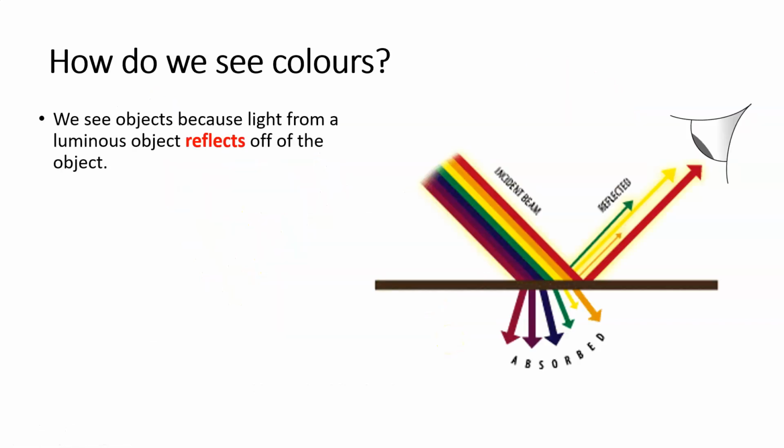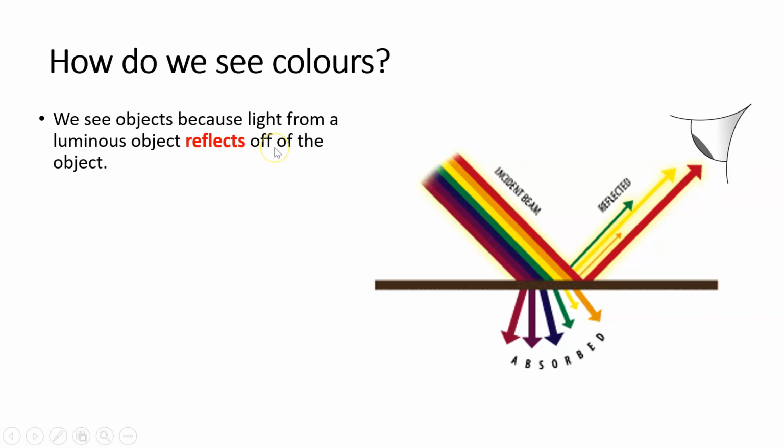All right, so if we look at this image, we can see that some objects will reflect light. So luminous objects, ones that produce light, will reflect light off certain surfaces, and some of that light energy is absorbed. So you can see in that picture there, we've got a black surface, and those lower wavelength colors are absorbed.